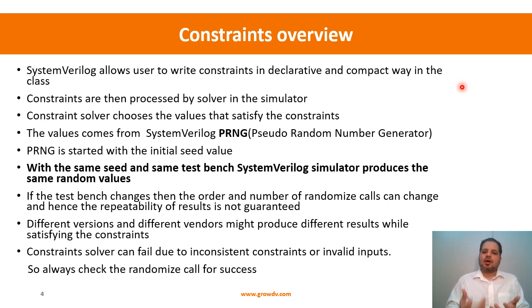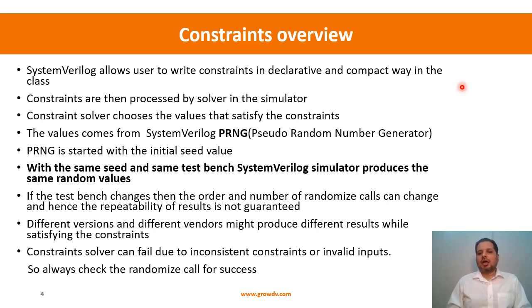We just say what we want. We want random values in this range, and we forget about it, right? So every time we randomize, the simulator will take care of it, right? That's what we call by the term declarative, wherein we just tell the logic, and we don't tell the control flow to implement that particular logic. So that is the declarative programming.